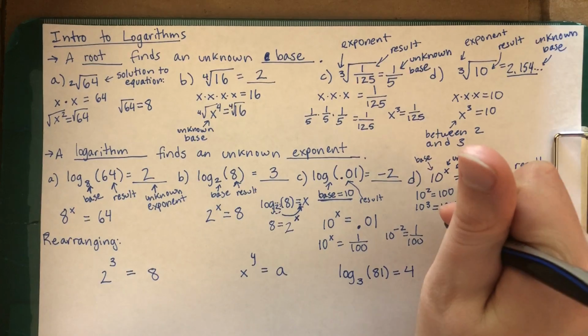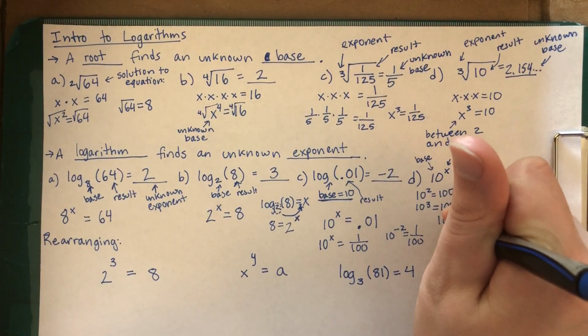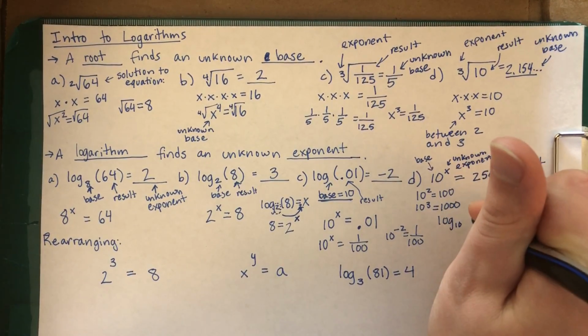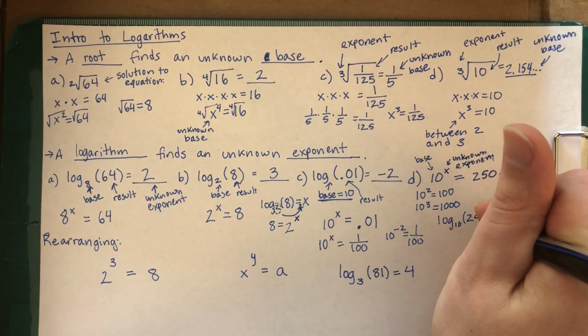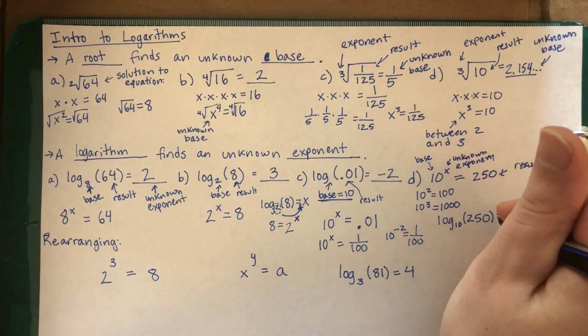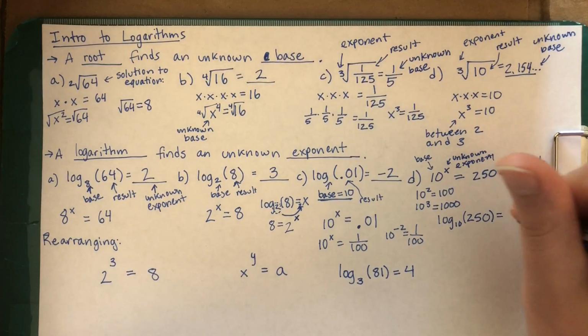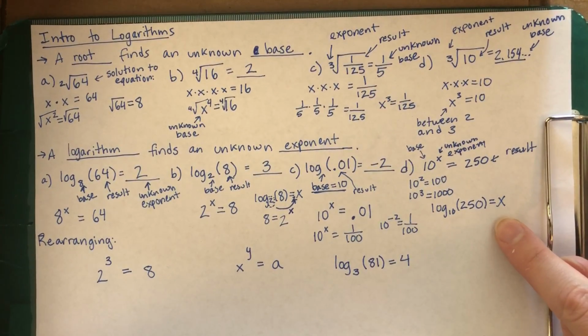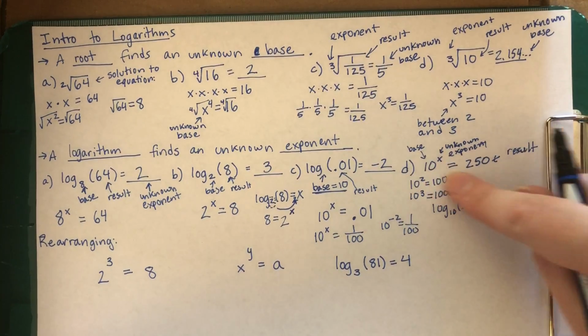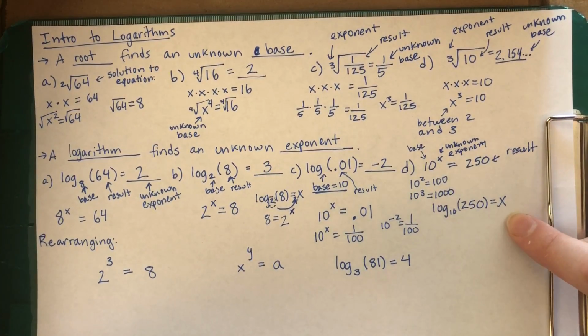So I know that the base is supposed to go down here. The result is supposed to go inside. And then this will equal the unknown exponent. So I just took this equation and rewrote it like this.